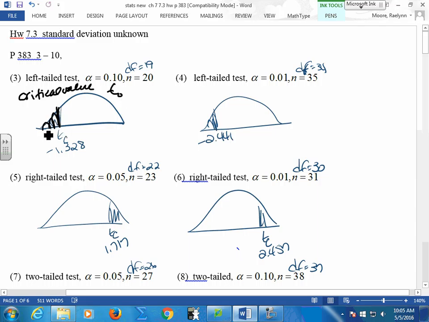Remember again, for t-scores, we don't have a p-value from our table. We can find a p-value from your calculator, but we can't find a p-value from your table, because if you look at table 5, all it is is t-scores. It's unlike table 4, where it gives you the z-scores around the edges and the area in the middle. Your t keeps changing based on your degrees of freedom.